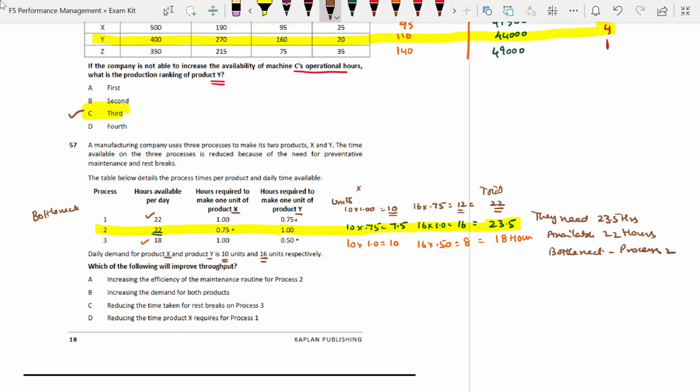Increasing the efficiency of maintenance routine, process 2. Increasing the demand for both products, no. Reducing the time taken for rest breaks, no, we cannot, everything is fine. What they are saying is which of these will improve throughput.